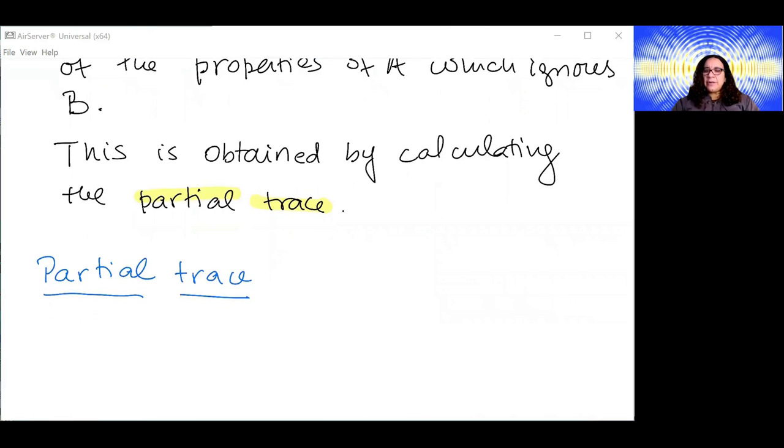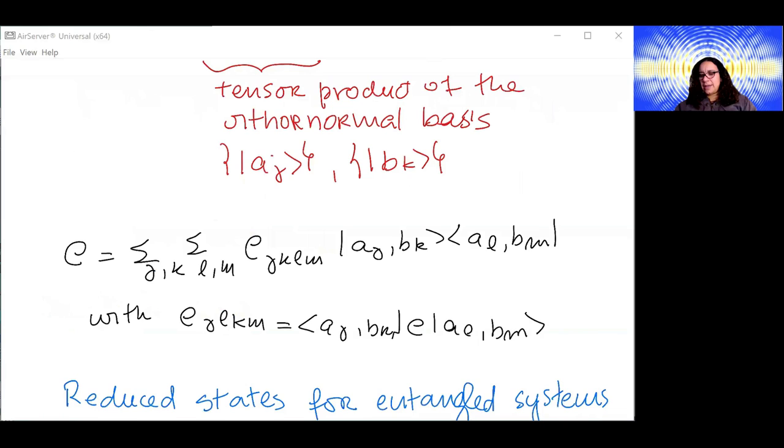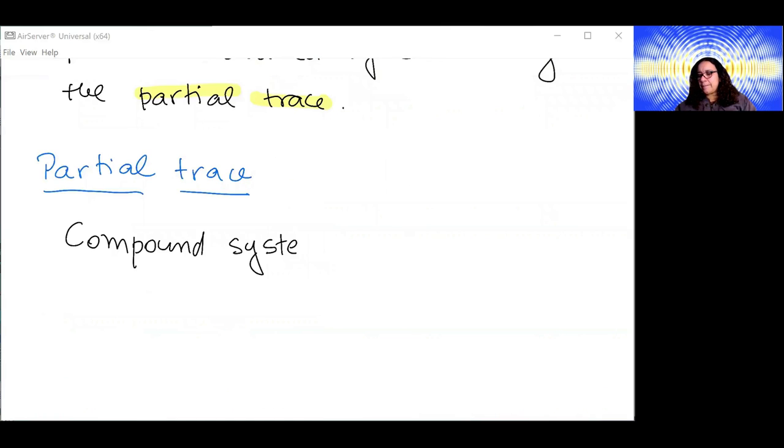So let's consider we have a compound system, and if we get this expression for ρ, which we have before, right? We're going to have a look at the trace of ρ. So we start from a compound system, and we can say that the trace of ρ is going to be the sum over jk of ρ jk, jk.